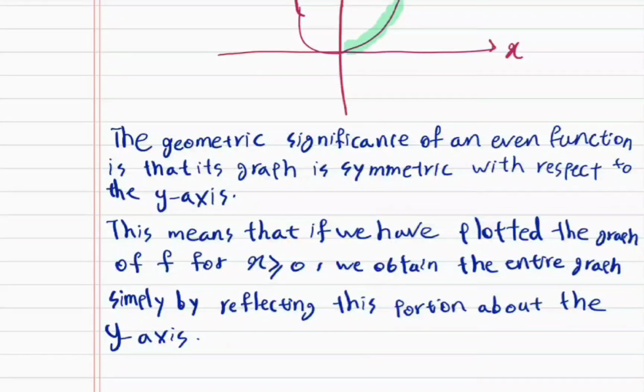In simpler language, this means that if we have plotted the graph of f for positive x values, then we obtain the entire graph simply by reflecting this portion about the y-axis.